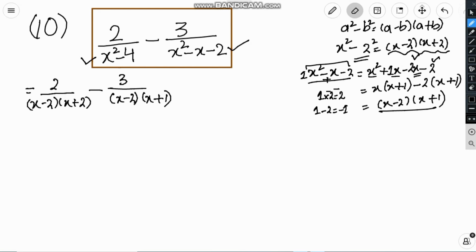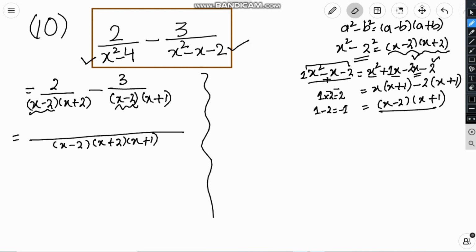So you can see x minus 2 is common in both denominators. So just put a line here, place x minus 2 once, x plus 2 once and x plus 1. Now take your first fraction again with x minus 2, x plus 2 and, as usual, multiply it with x minus 2, x plus 2.